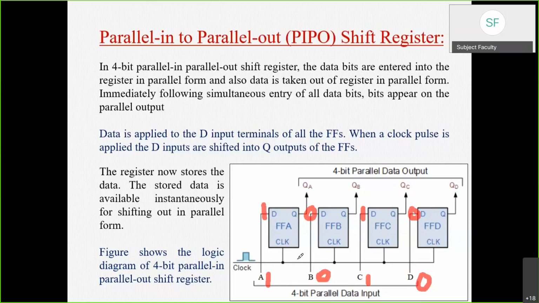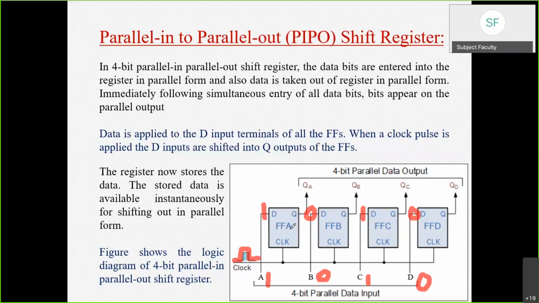Okay. So only one single clock pulse is required. As soon as I give a single clock pulse, all 4 flip-flops will be activated by this clock. That means depending on the value of the input, each individual flip-flop will change its state.